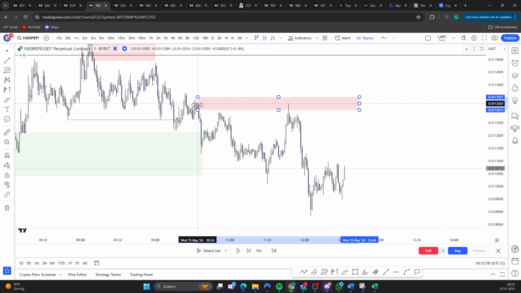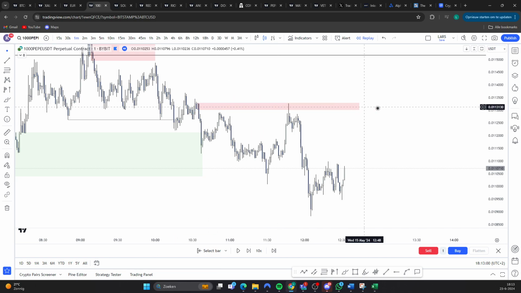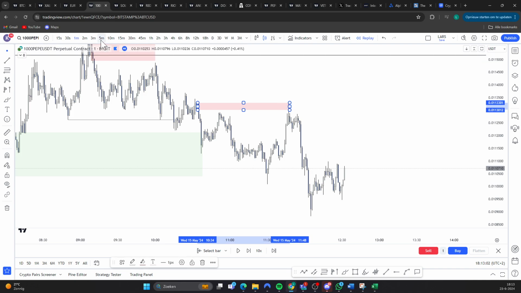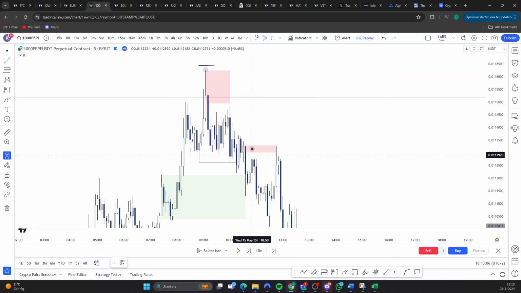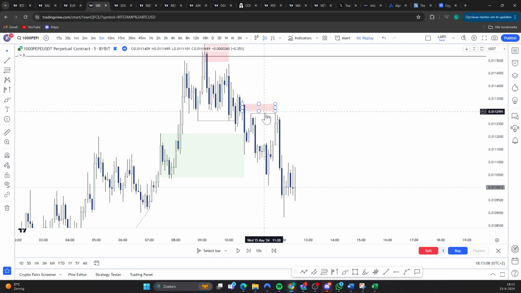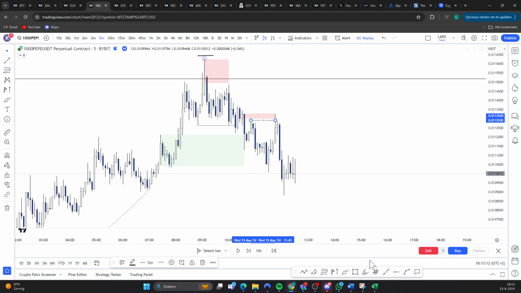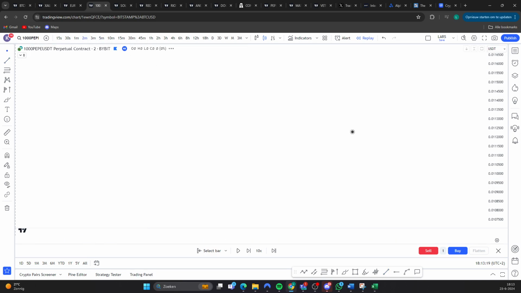Was there a reason to come higher? Well, we did have this little 1 minute block, and it was our 5 minute high. So we took the high, took the liquidity of that high, hit the last supply, and then broke more down. That's amazing.